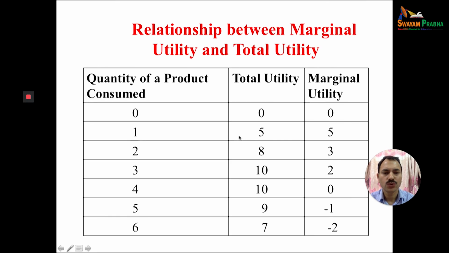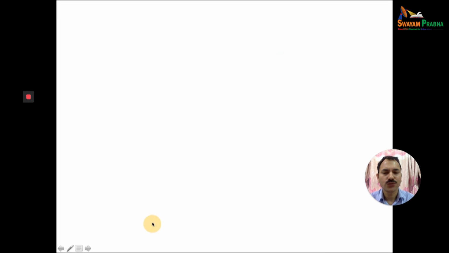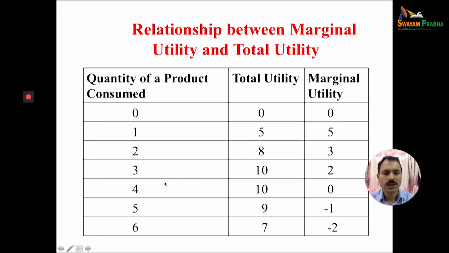From 0 to 5, it means 5. 5 to 8, 3. 8 to 10, 2. 10 to 10, it means 0. And when you consume the next unit of the product, it is a negative marginal utility, and so on.